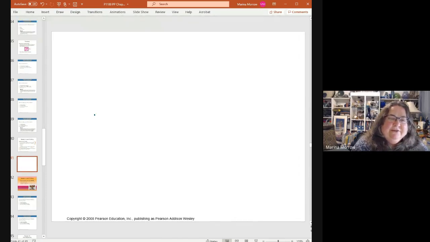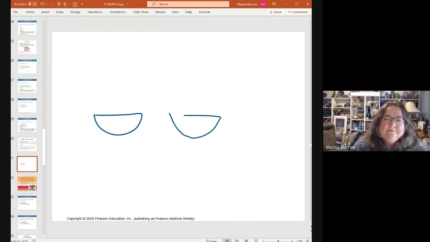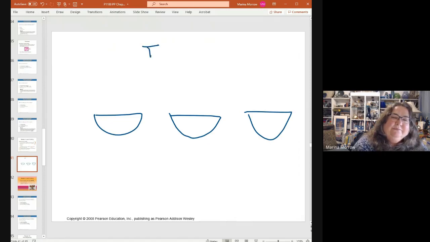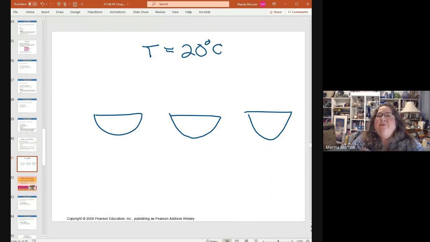Let's say that we have 3 bowls of soup, and they're all sitting in a room where the temperature of the room is 20 degrees Celsius. That's room temperature. One of the bowls is 40 degrees Celsius, the other one is 60, and the other one is 80.